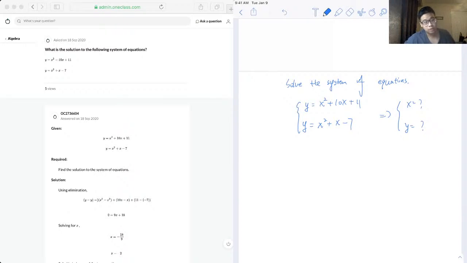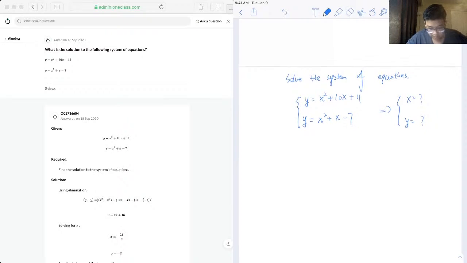Whenever we come across questions like this, since we have two variables, x and y, we always want to cancel one of them to figure out one variable first, and then we'll substitute back into the equation to figure out the other one.